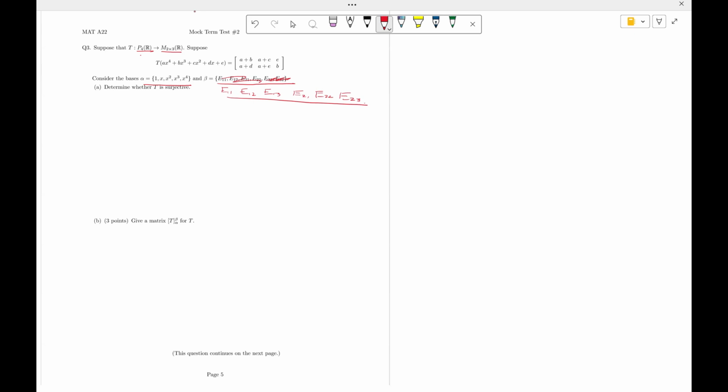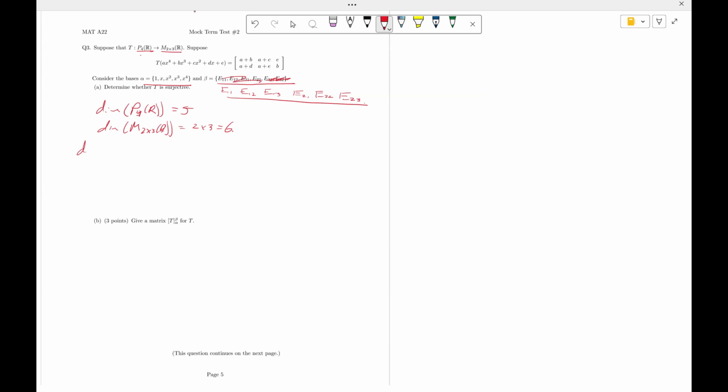Now determine whether or not T is surjective. Well, the dimension of polynomials of degree at most 4 over R is 5, and the dimension of the 2 by 3 matrices is 2 times 3, which equals 6.